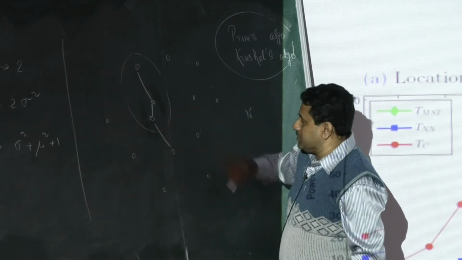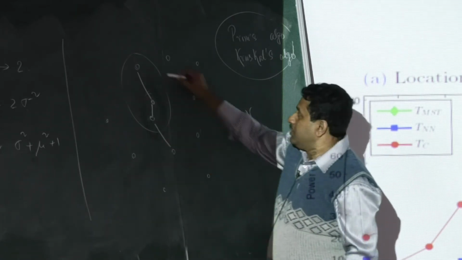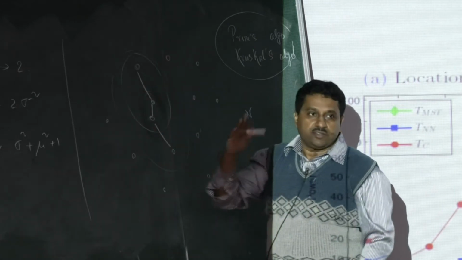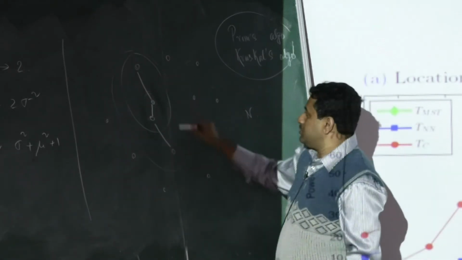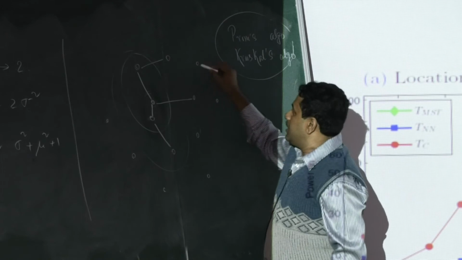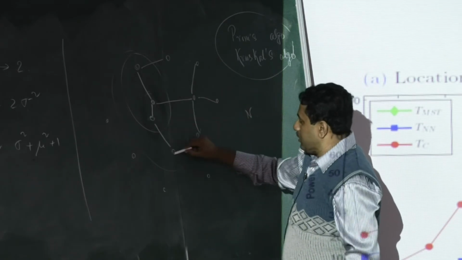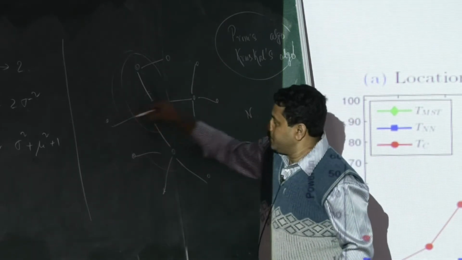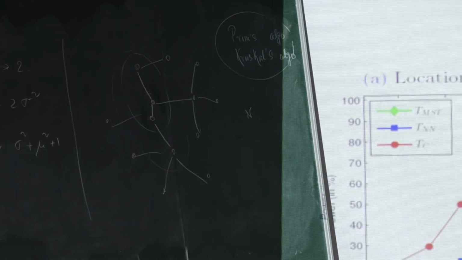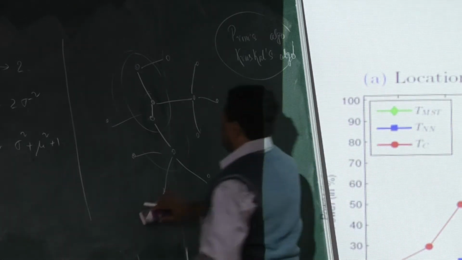So suppose this is the case. Okay, so next time I will have 4 vertices in one set and the remaining in the other set. So suppose these are the things that we have, and in this way I can construct the minimal spanning tree. Okay, so this is one way of constructing the minimal spanning tree. Now what will happen in the case of the location problem?